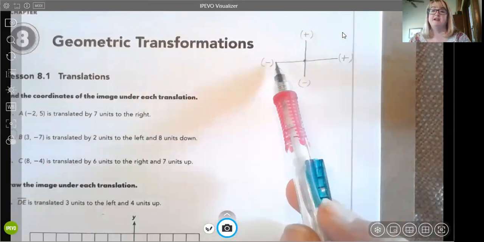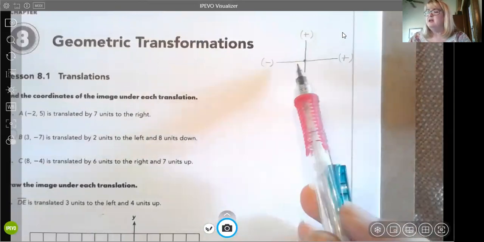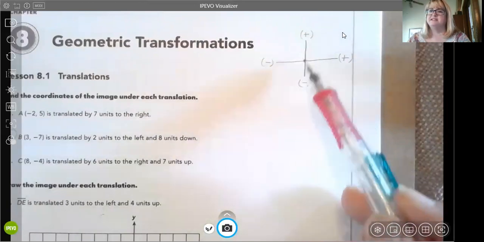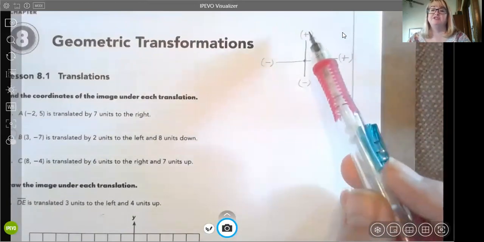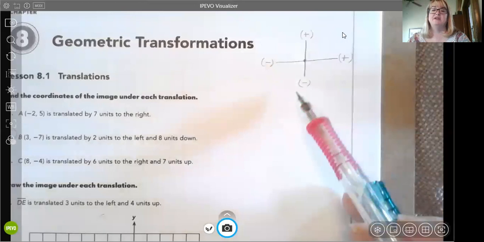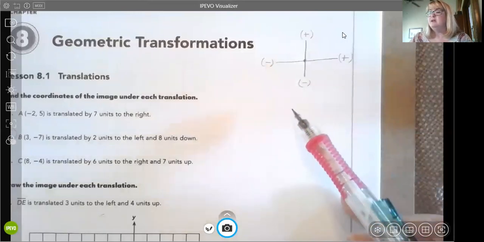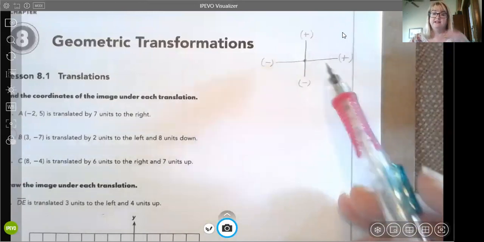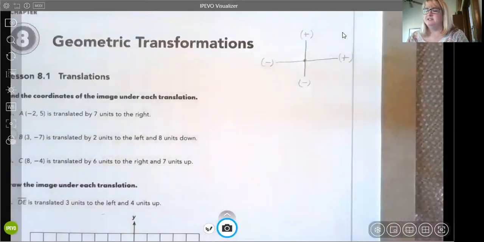As I move to the left, my numbers are getting smaller. As I move up and down, that's a movement along the y-axis. As you go up, the numbers are getting bigger. As you go down, the numbers are getting smaller. So knowing how our coordinate grid is laid out will help us with these problems.